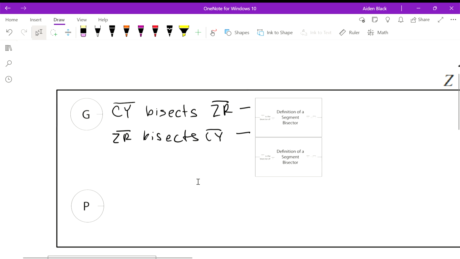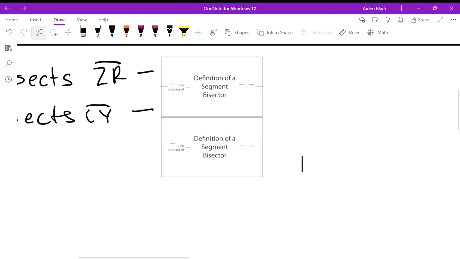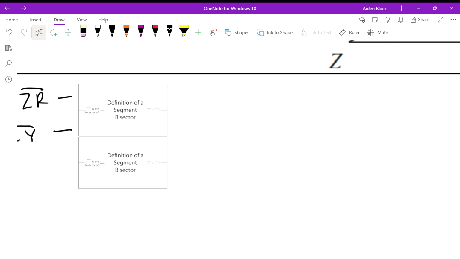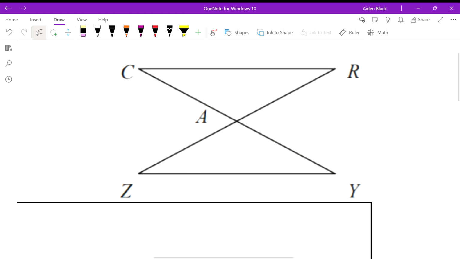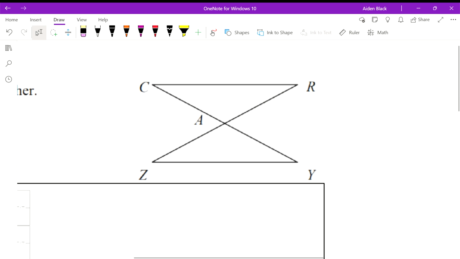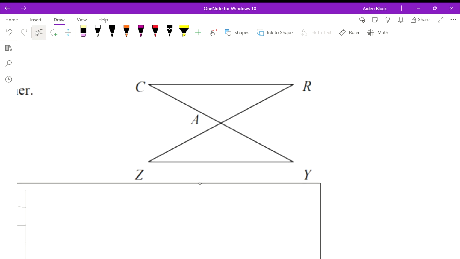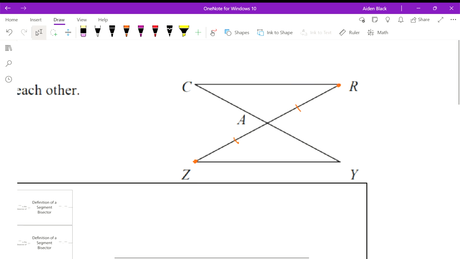Cool. So we know that, and I'm going to mark this actually on the triangle so you can visualize it. But since CY, this line segment here, cuts ZR right in half, we know that this length is congruent to this length.